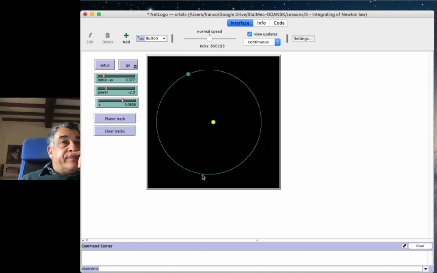And I can also check with the power 1, which is the harmonic oscillator. I think I have to decrease this constant, maybe I can increase a bit, not decrease, oh, I can increase a bit this, also the spring constant. Let me see.